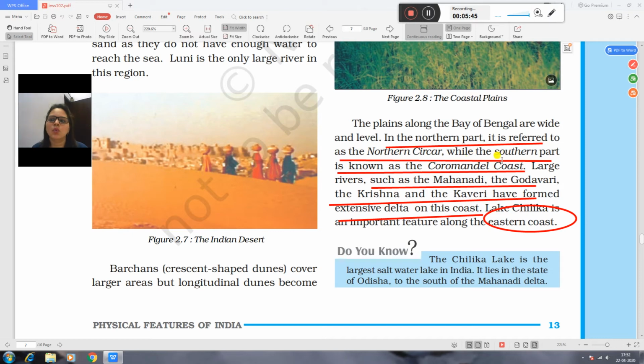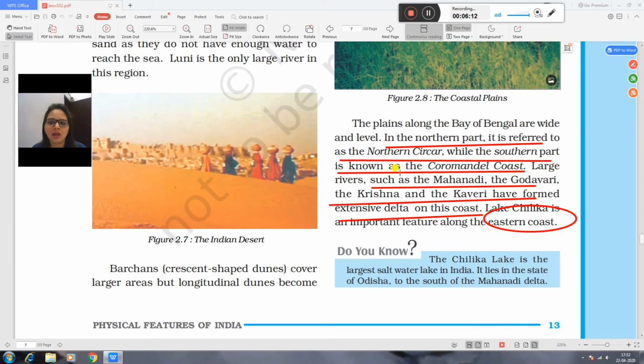The southern part is known as the Coromandel Coast. So on the eastern side the coast is divided into two parts: the upper part is the Northern Sarkar, and the lower part is the Coromandel Coast.